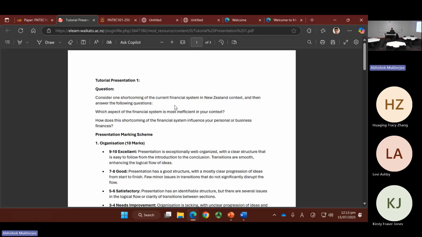We're going to go through some of those financial shortcomings in the financial market broadly, globally. But in the presentation, you need to look into the New Zealand context. Which aspect of the financial system is most inefficient in your context? And then how does the shortcoming of the financial system influence your personal or business finance?